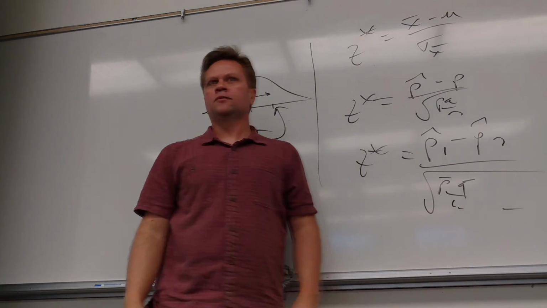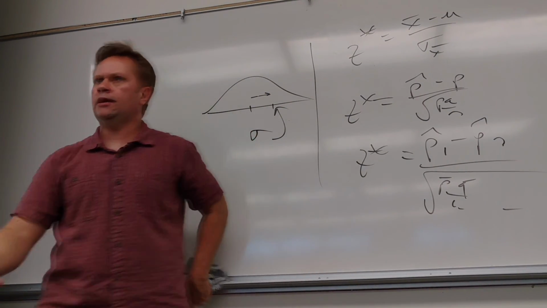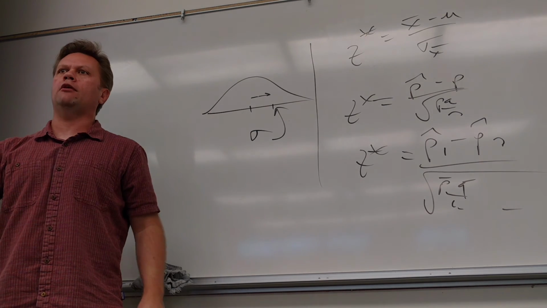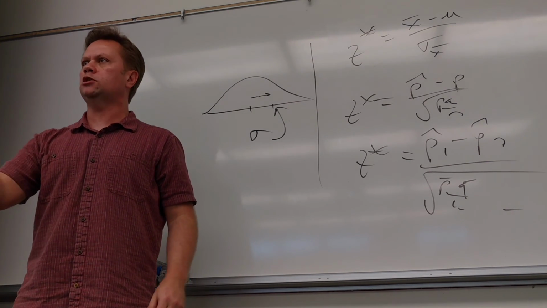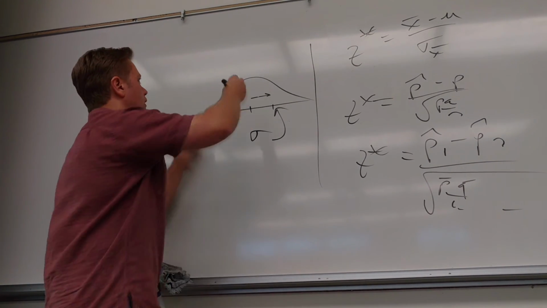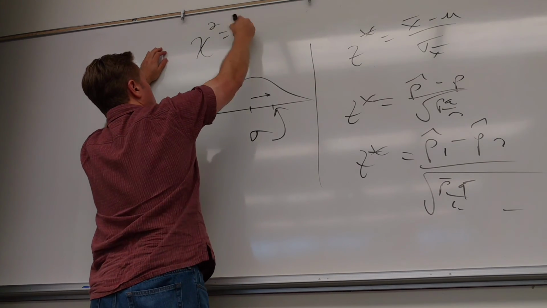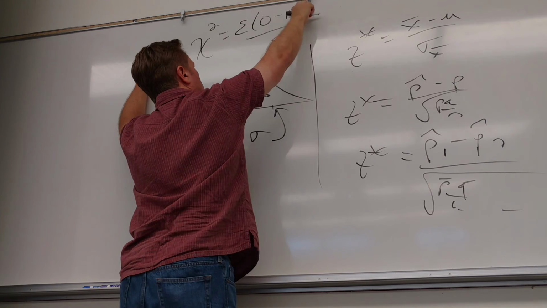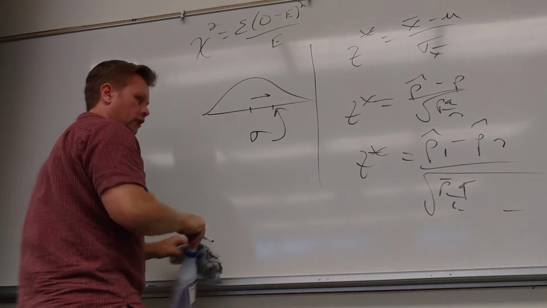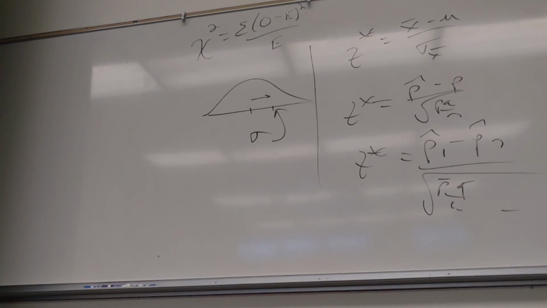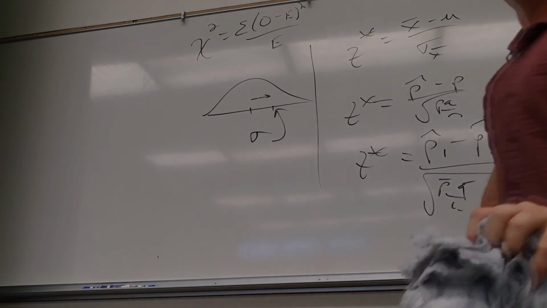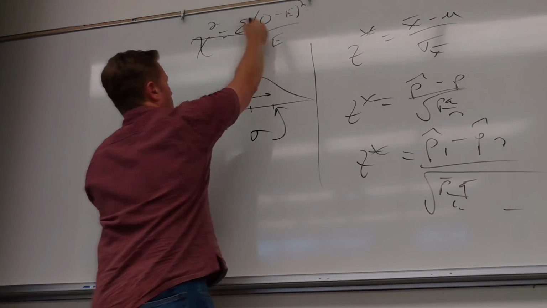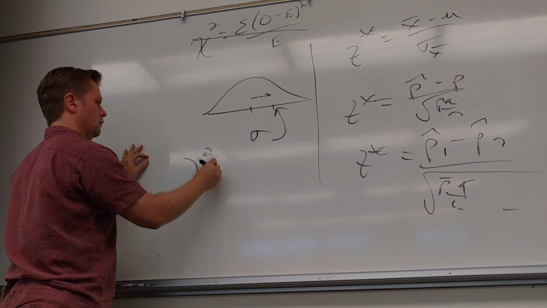But they all become Z's in the end. So we have multiple ways of calculating z-scores based on the situation I'm in. So we have this chi-square formula we used the other day. But that's not the situation I'm in, is it? No, it ain't, Jeff. So we're not going to use that one today. We're going to use this one.